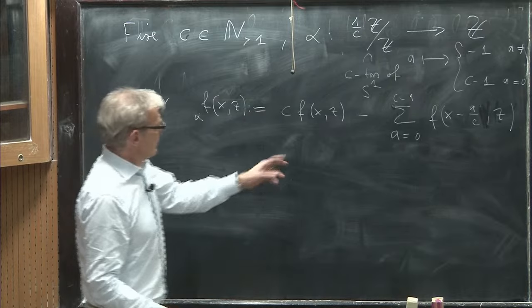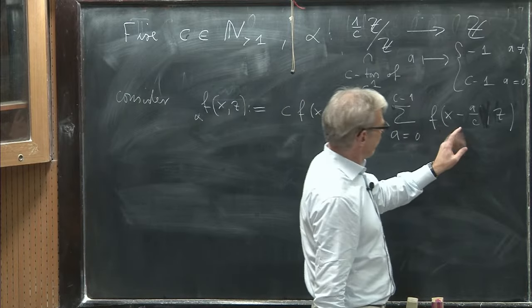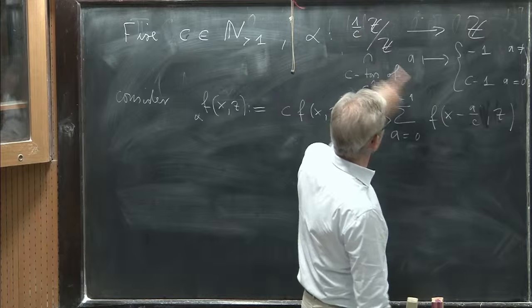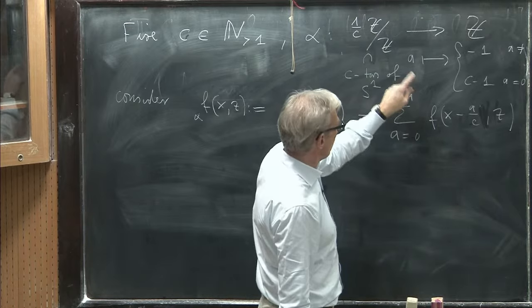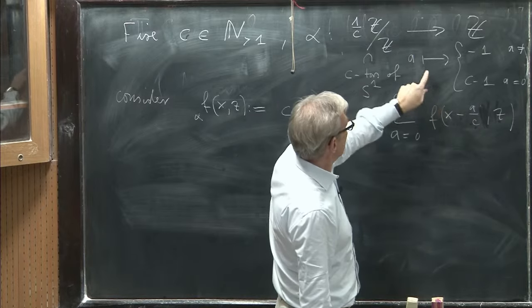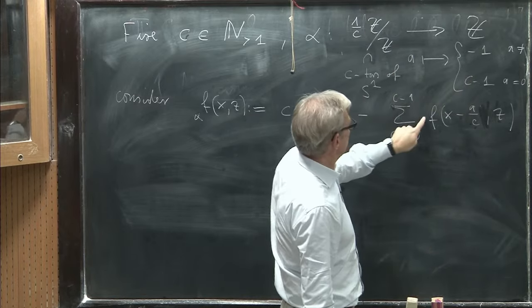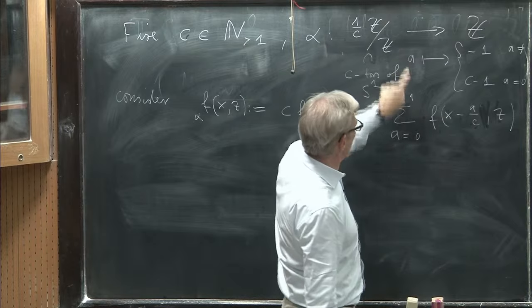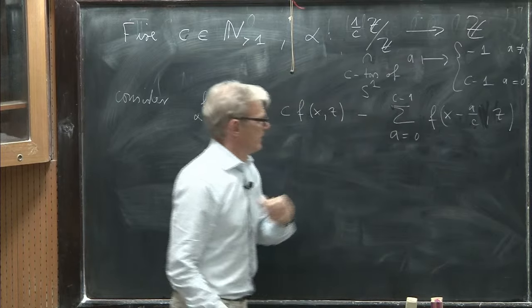What do I do here? I shift my function simply by these torsion points, and I assign a weight to each shift. If the shift is by a, then it gets the weight alpha of a in front, and you can write it like this.